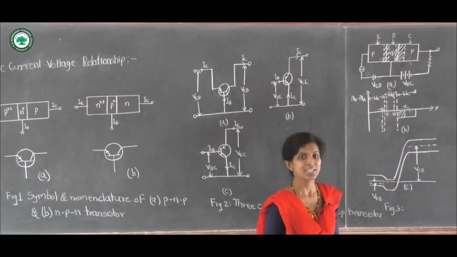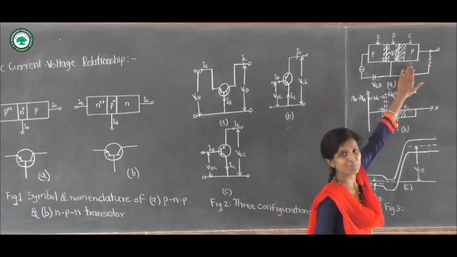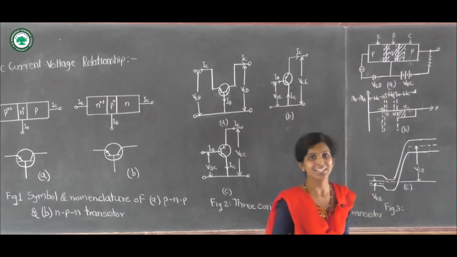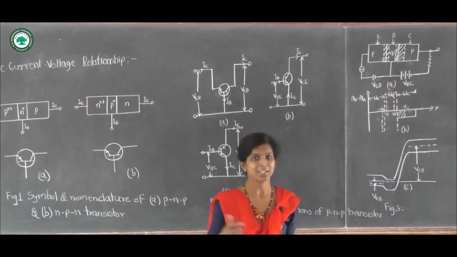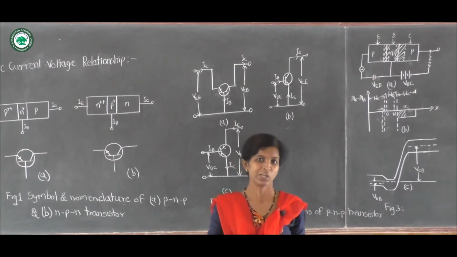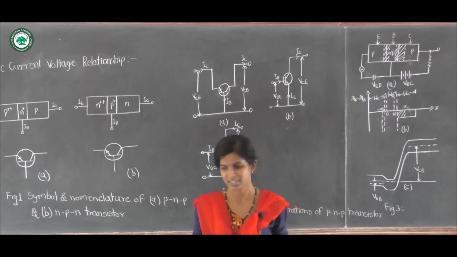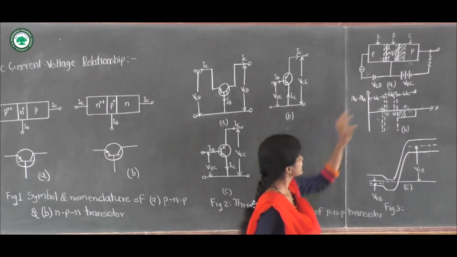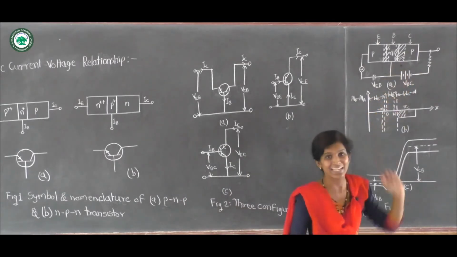It is because the doping concentration of the P side is much lower than that of the N region, and the depletion region becomes wider towards the low doping side than the high doping side. So here the depletion layer width is larger in the P side than in the N side.